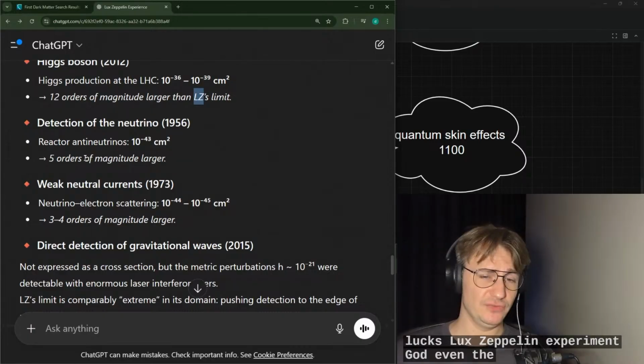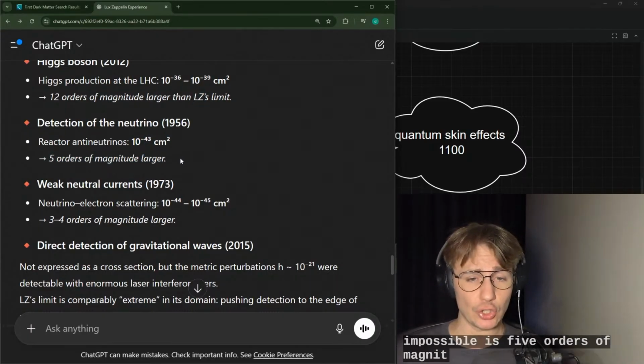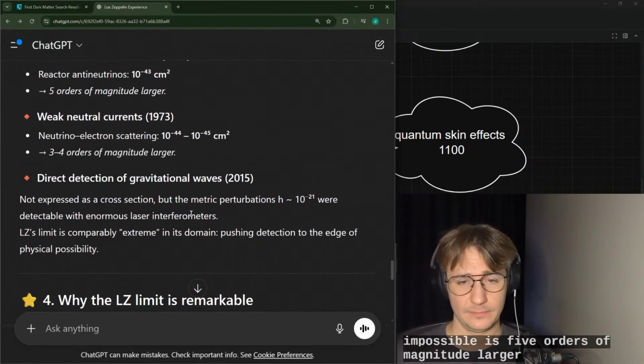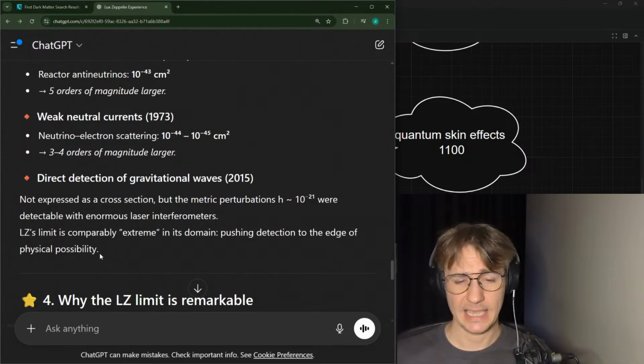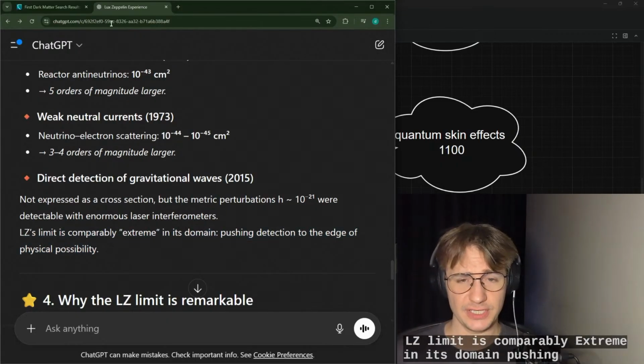Even the detection of neutrinos, which is basically impossible, is 5 orders of magnitude larger for reactor antineutrinos. LZ's limit is comparably extreme in its domain, pushing detection to the edge of physical possibilities.